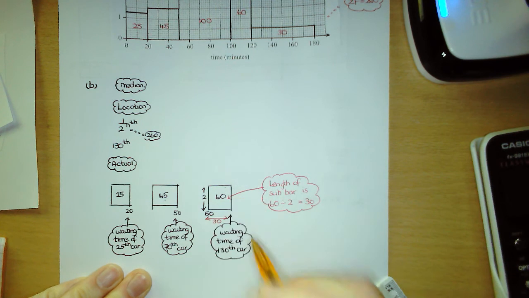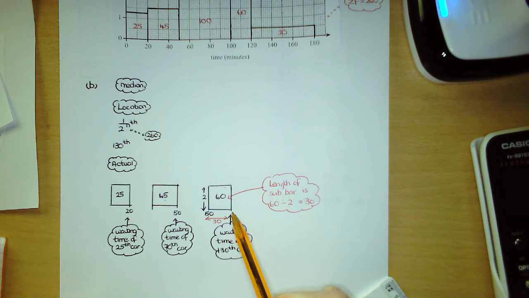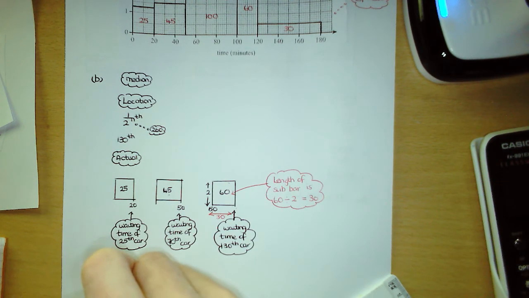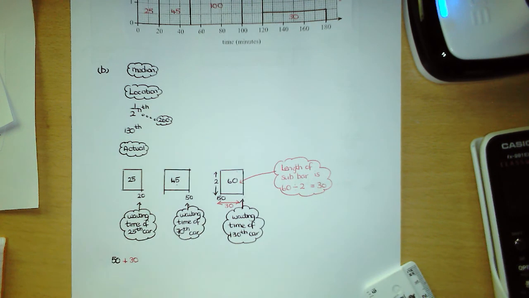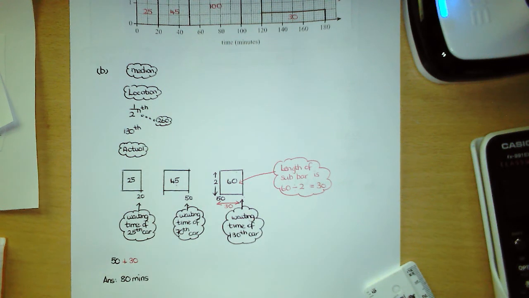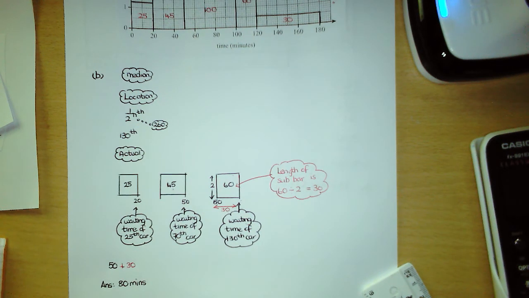So all we do now to get what the actual median is, we add 30 on to 50. So the actual median is going to be 50 plus 30, and that's going to give us 80 minutes. And that's how you get the actual median from a histogram.